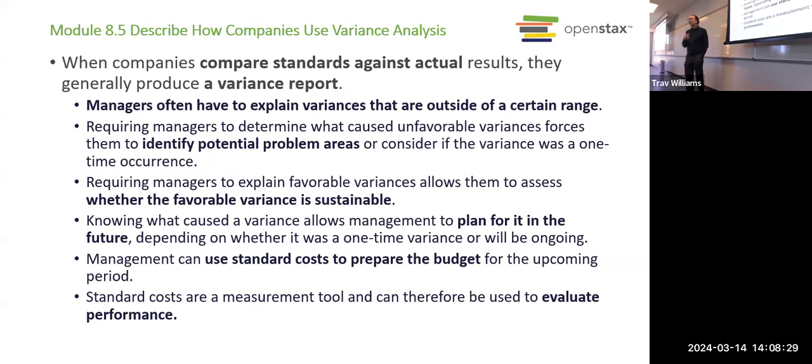So we need to understand what caused the variance, right? Whether it's good or bad. If it's a bad variance, we want to fix it. If it's a good variance, by understanding it, you can figure out, hey, maybe that's something we can teach to the other employees, or that's something we can implement as a new procedure. Sometimes it's referred to as best practices.